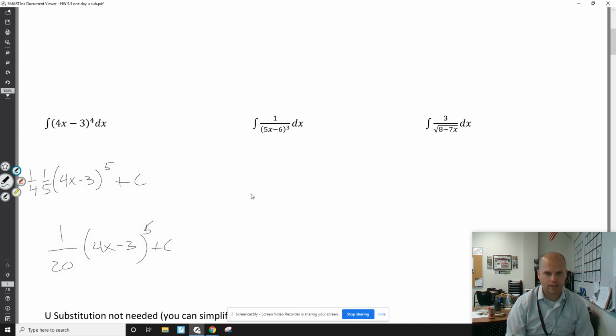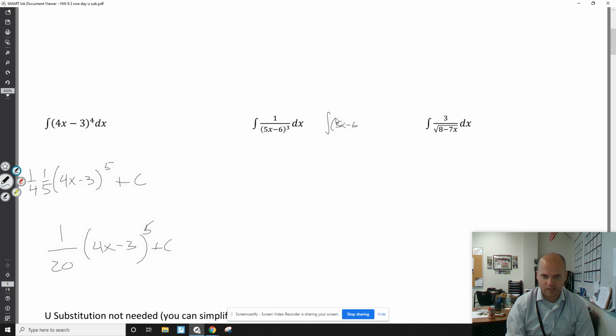You can just get the answer. You can check this: is this derivative going to be this? Okay, well, the 5 comes down, 4x minus 3 to the 4th, and then I have another 4 because the derivative of the inside is a 4. So the 5 and the 4 combine to get 20. That's why the 1/20th is going to go away, and I just have 4x minus 3 to the 4th. Keep that in your brain.